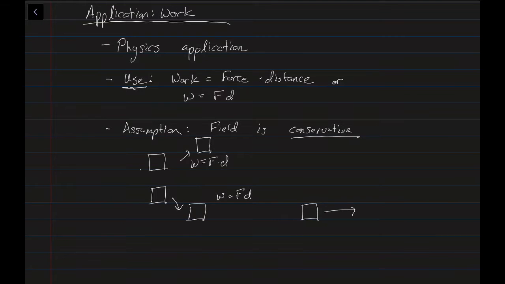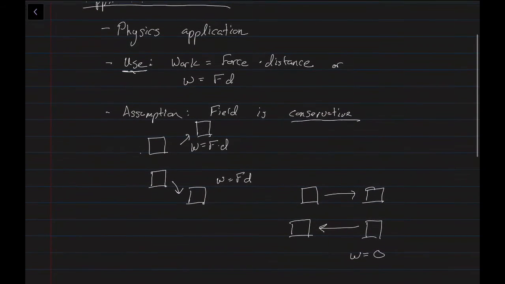So that's saying that if I move an object from point A to point B, and then I move it from point B to point A, I'm actually doing 0 work total. So work total is equal to 0.